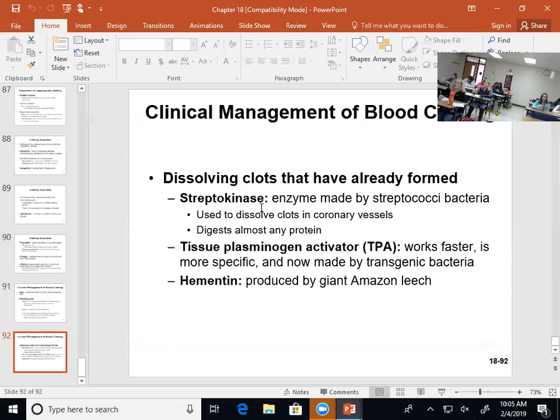If it's much after that, and they're dangerous even if they're used then, but is a heart attack maybe going to kill them anyway, right? So you've got to try to burst that clot. And then, anyway, so those are just some of the things that can be used. One produced by bacteria.